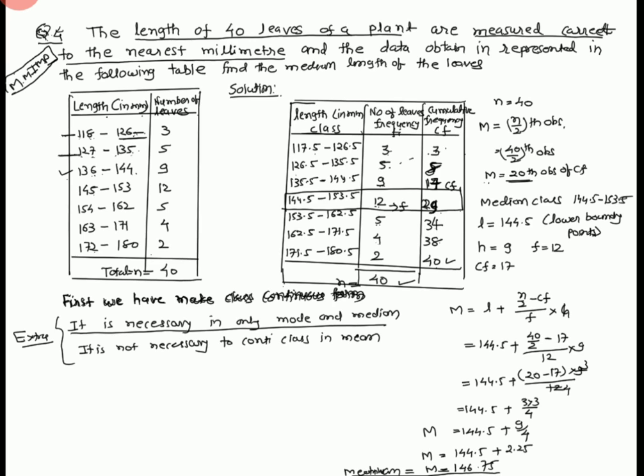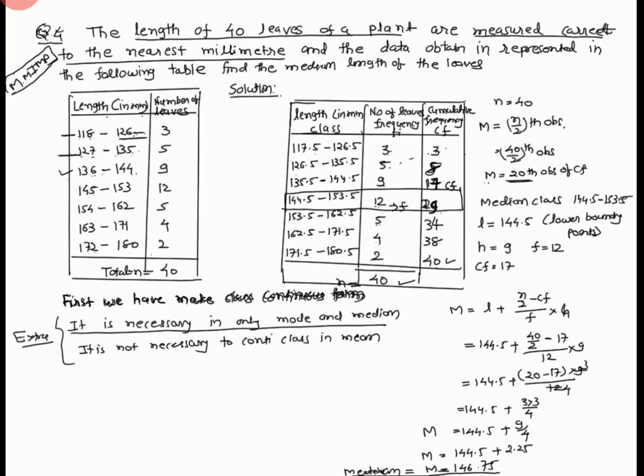This is the formula. Now we put the values: 144.5 plus 40 upon 2 minus 17 upon 12 into height of the class 9. 144.5 plus 20 minus 17 is 3, into 9 upon 12. 3 threes are 9, 3 fours are 12, so 3 multiplied by 3 upon 4, 9 upon 4.